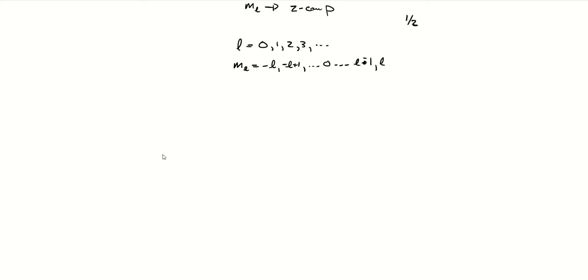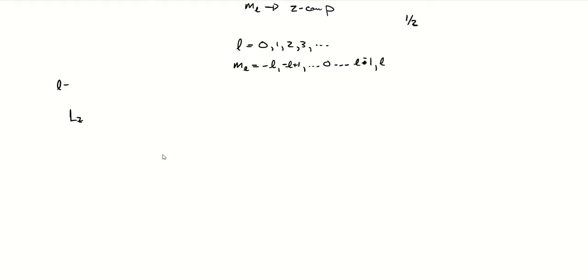Just analogous to the spin operators and the spin angular momentum that we were able to present in matrix notation, we can do the same thing with our angular momentum operators.